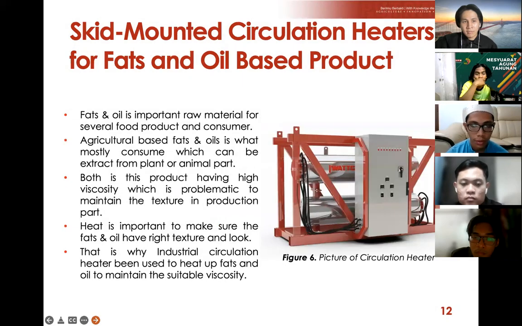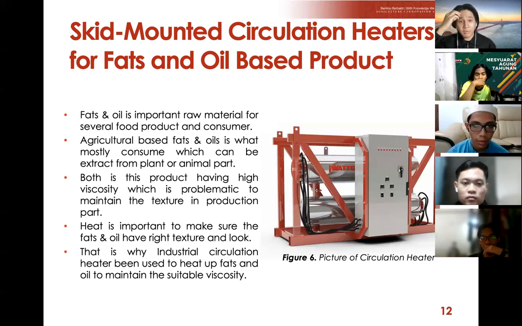The second application is the skid mounted circulation heater for fat and oil-based products. Fat and oil are important raw materials for several food products and for consumers like us. Agricultural fat and oil is what is mostly consumed by people, and can be extracted from plant or animal parts. Both of these products have a high viscosity, which makes it problematic to maintain the texture in the production part.